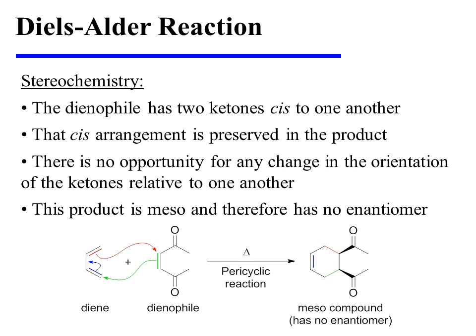Since all the bond making and breaking happens simultaneously, there is no opportunity for any change in the orientation of the ketones relative to one another. In this case, the product happens to be meso and therefore has no enantiomer.